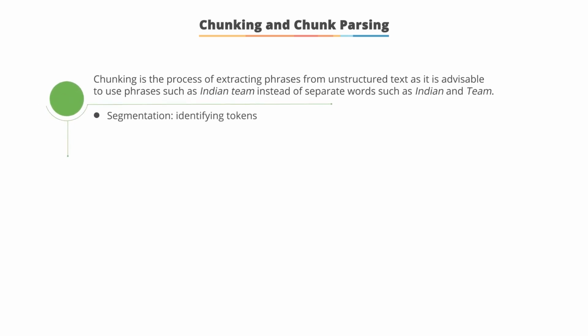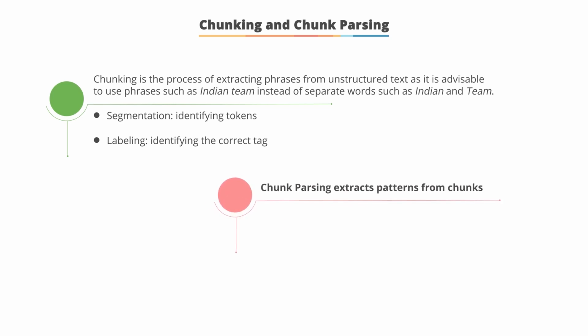In chunking, segmentation refers to identifying tokens, and labeling refers to identifying the correct tag. These chunks correspond to mixed patterns in some way. To extract patterns from chunks, we need chunk parsing. In chunk parsing, segmentation refers to identifying strings of tokens, and labeling refers to identifying the correct chunk type.